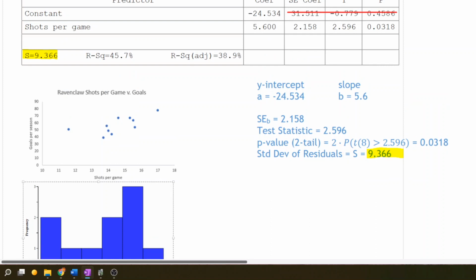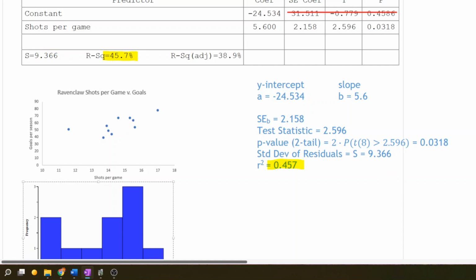So what that means is that a predicted value of number of goals varies from the actual number of goals by about 9.366 goals. If you think about that in context, that's a pretty big number, so I don't know how useful this particular regression is going to be. 9.3 goals per game seems like a lot.